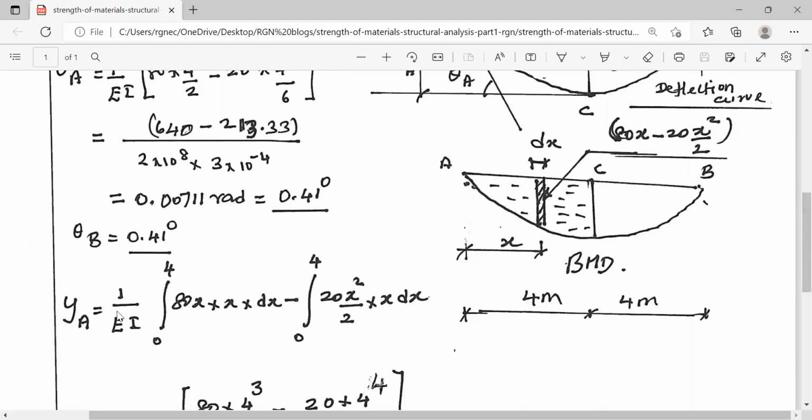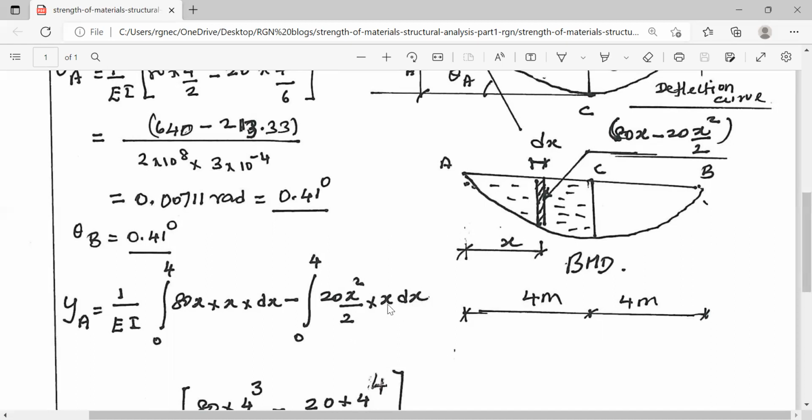So 1 by EI times, and this bending moment ordinate has got two terms, 80x into dx. So 80x into dx. And what about the moment? Moment is you have to measure the distance. So x. So 80x into dx, and for the sake of moment, another x. What about the other term? 20x square by 2 into dx.